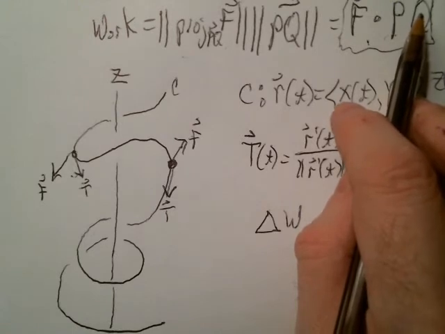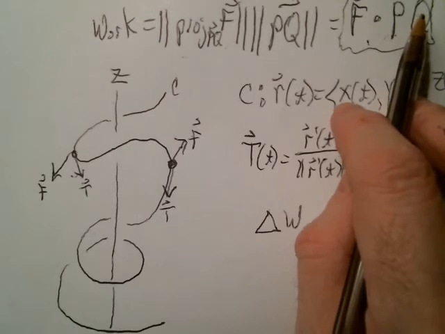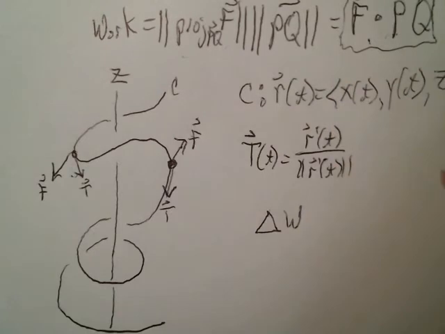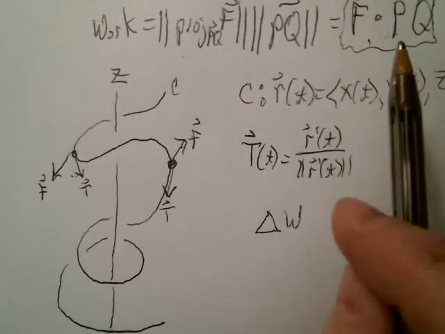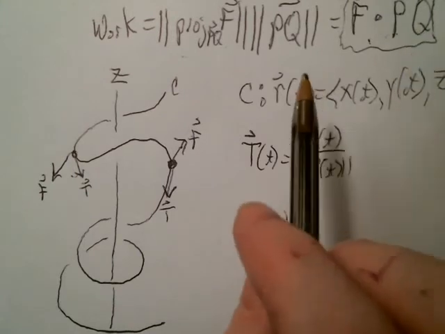Yeah. And we're thinking about work. That would be dot products. So what is work? Yeah, work is the dot product of the force vector with this vector here.